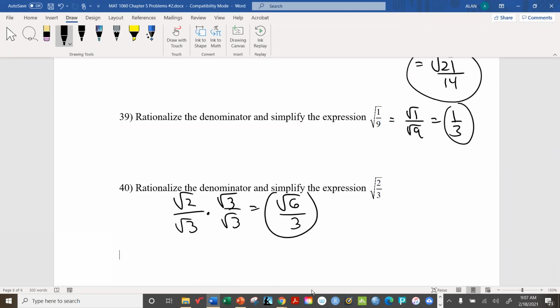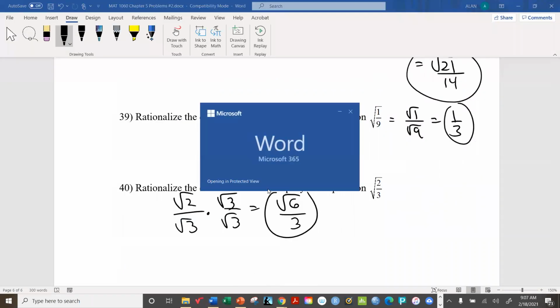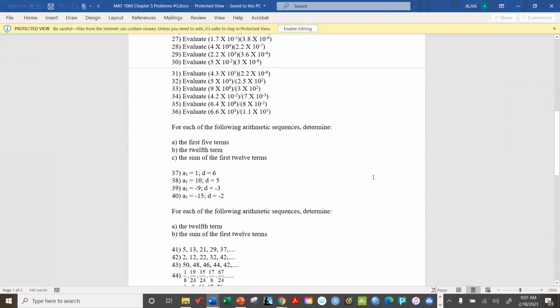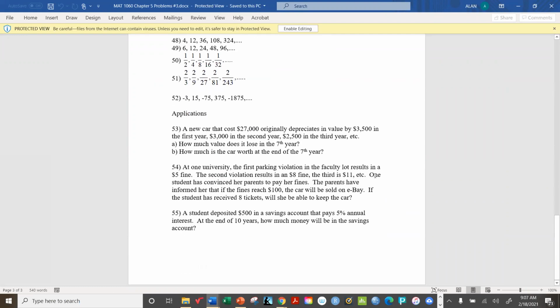So what I'd like you to do, I think we mentioned this earlier, is take a look at the third and final problem set in chapter 5. Now, this one is pretty long. It wraps up basically all the rest, the exponents. Oh, maybe it's not as long as I thought, but no, that's pretty long.